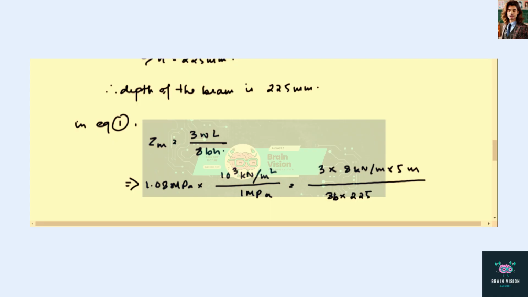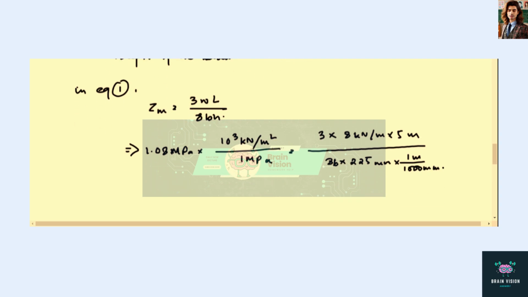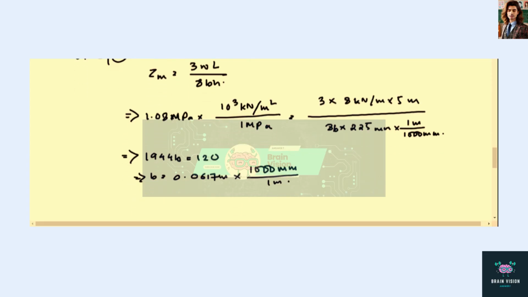H is 225 millimeter, converted to meter by dividing by 1000 mm. That is equal to 1944, B is equal to 0.0617 meter, converted to millimeter, so B is equal to 61.7 mm.